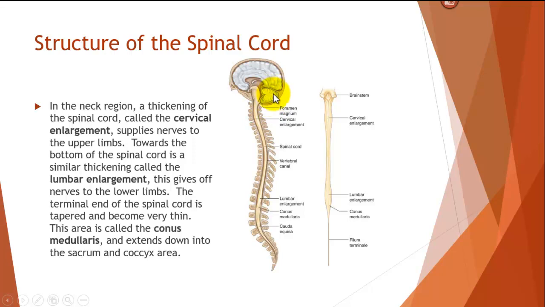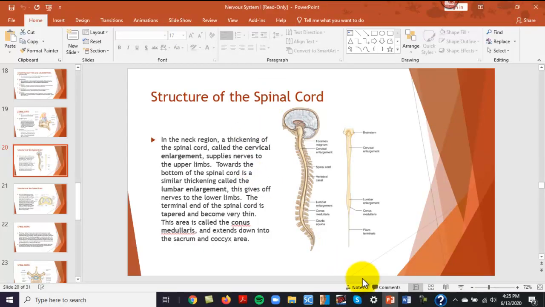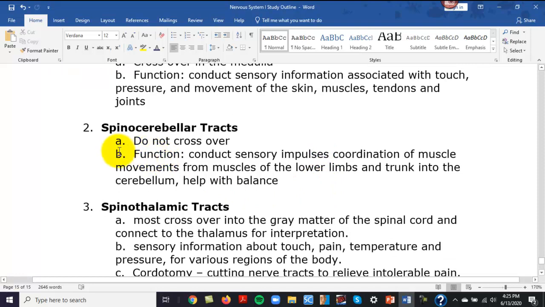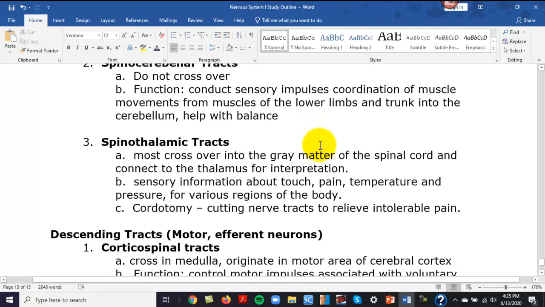That's the cerebellum, and that has to do with coordination and equilibrium. The spinocerebellar tracts, they go up the spinal cord, they go into the cerebellum, and like it says here, they help with balance. I left that very simple. It's coordination and equilibrium. Damage to that area, person does not have good balance.